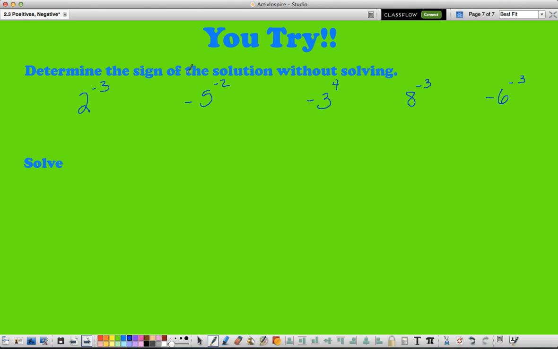Okay, so you're going to determine the sign of the solution without solving, and then you're also going to solve the problems above.